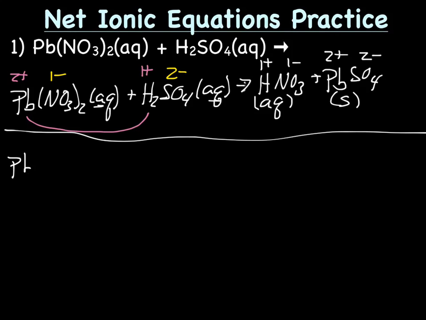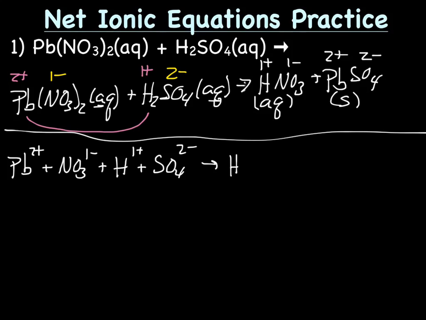So we have Pb 2 plus, NO3 1 minus, plus H 1 plus, SO4 2 minus produces H 1 plus, NO3 1 minus, plus solid PbSO4.